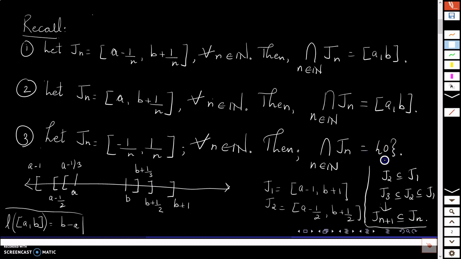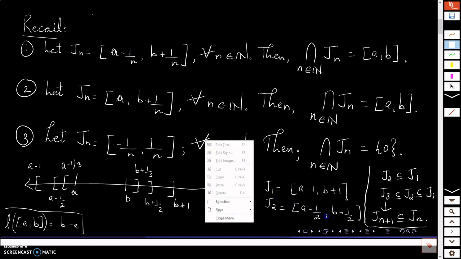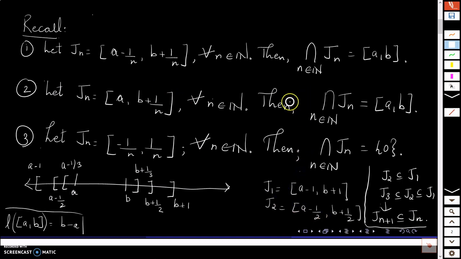So one thing to note here is that whenever I take a collection of closed intervals whose length keeps on decreasing, and then take the intersection of all such intervals, the intersection of all Jn's, that is always non-empty. This is the observation that we can come out with by looking at these three exercises which were done in the last class.